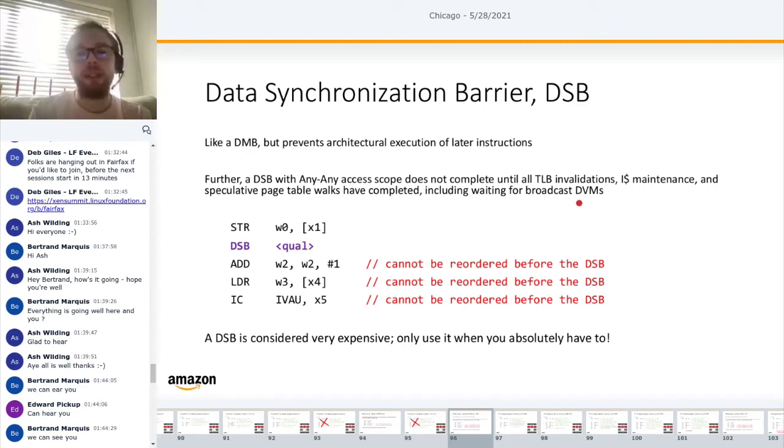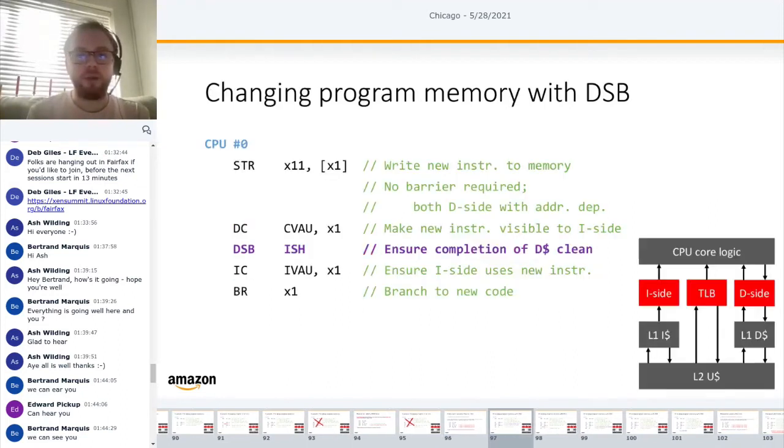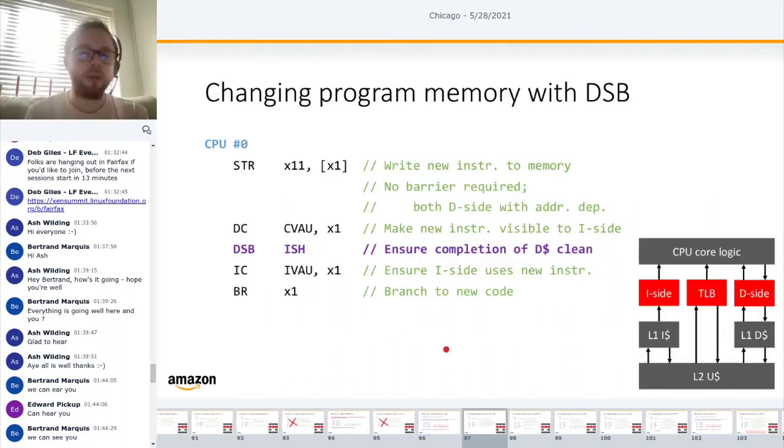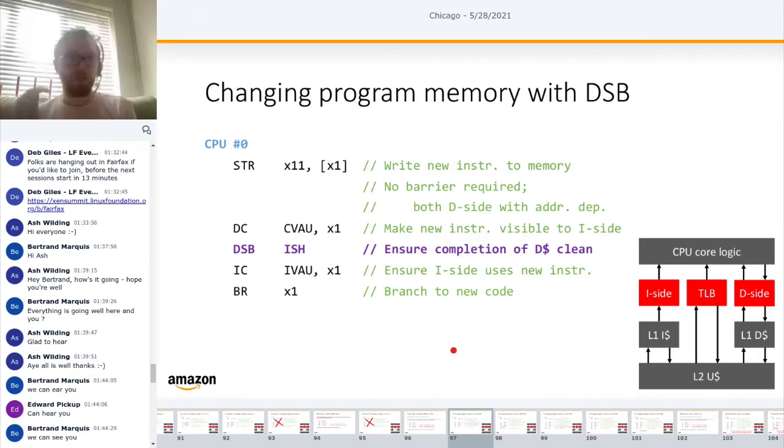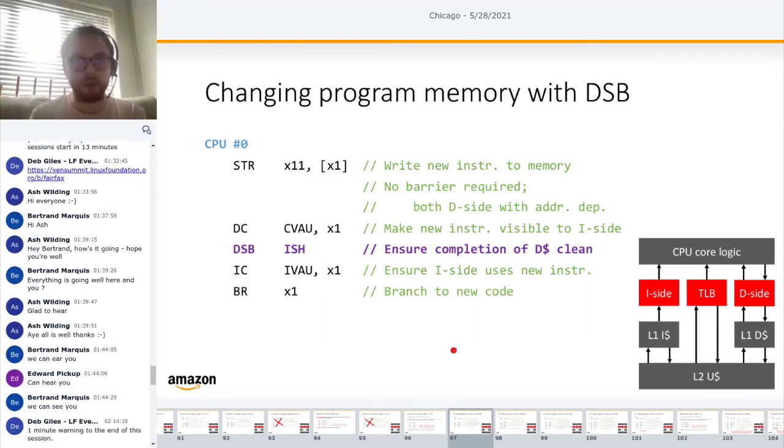Anything after the DSB is not allowed to be architecturally executed until the things before it have completed. That obviously means it's considered very expensive, because you're basically stalling the pipeline, right? So you should only use a DSB when you absolutely have to. Coming back to our example here, if I put a DSB ISH, that will enforce that the data cache clean is finished before the I cache invalidate even begins.